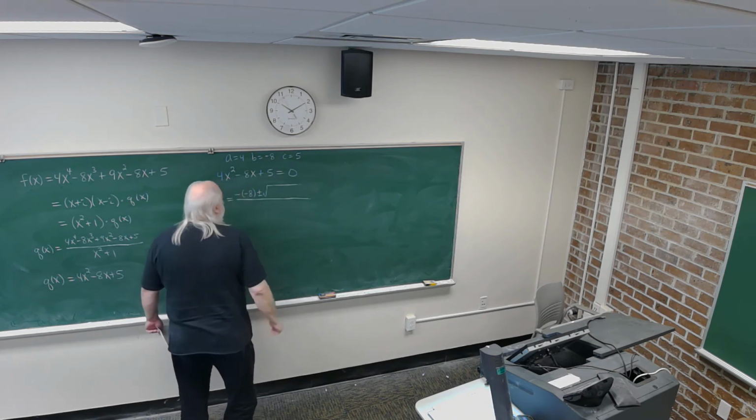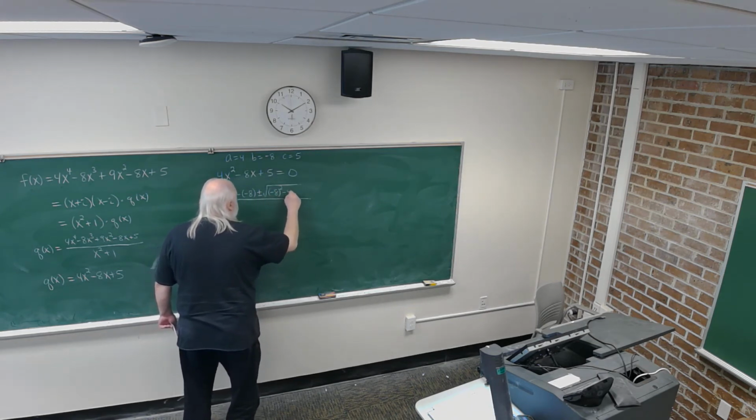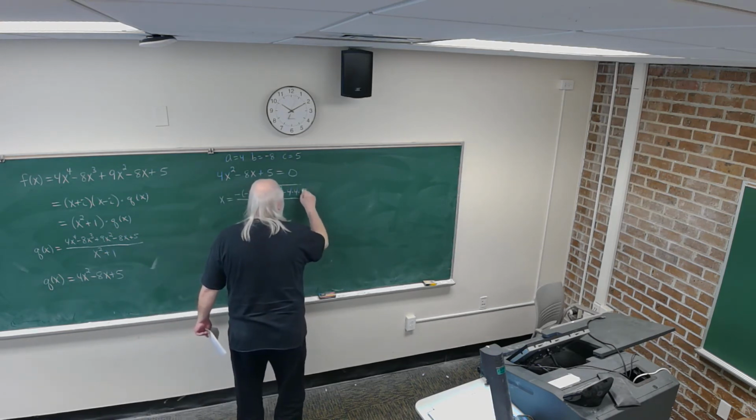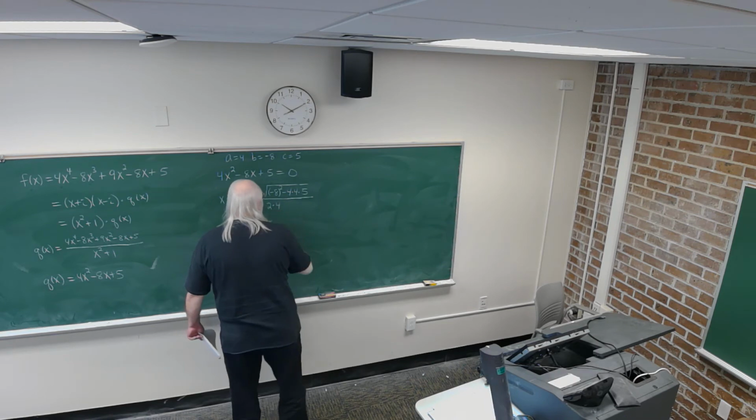square root of b squared, which is negative 8 squared, minus 4 times a, which is 4, times c, which is 5, divided by 2 times a, which is 2 times 4.